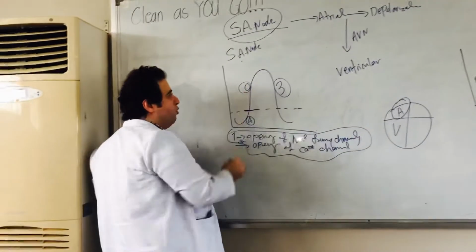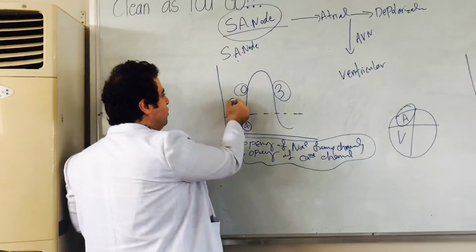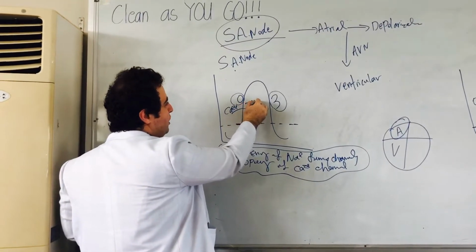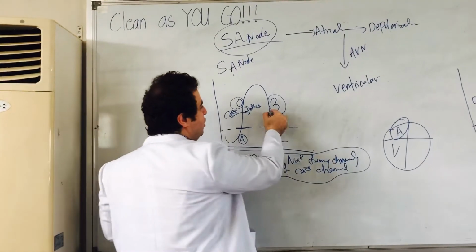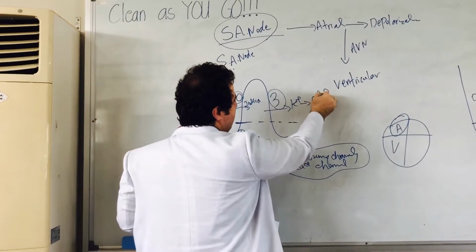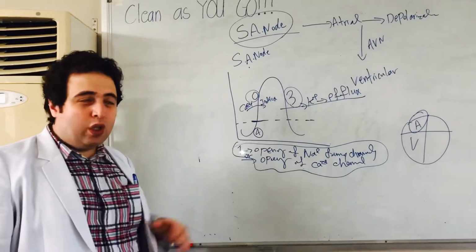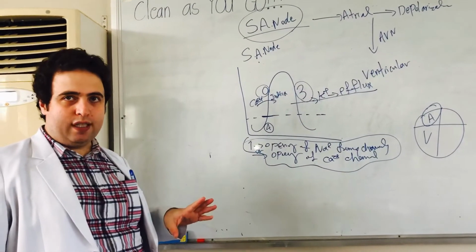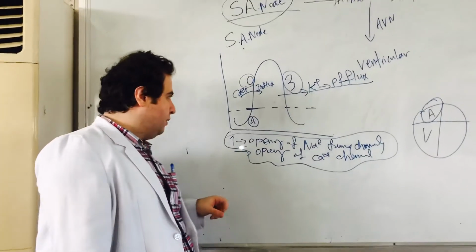In phase 0, what channel will open? Calcium. So the calcium channel will be open and calcium will influx into the cell. And in phase 3, the potassium channel will be open and potassium will efflux from the cell. Always remember, potassium loves to go out of the cell. So potassium always effluxes.